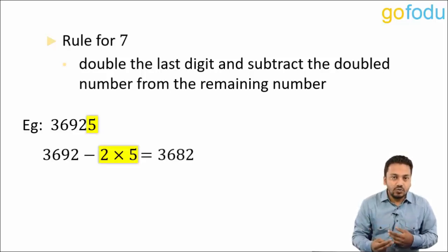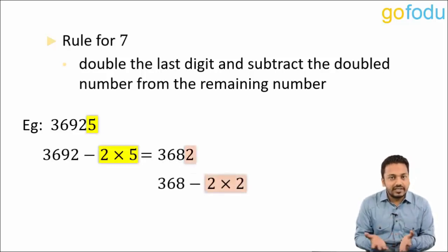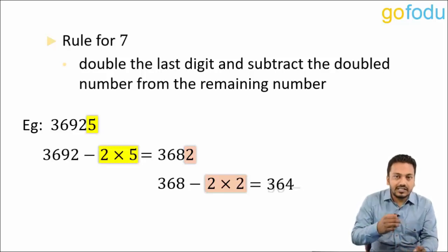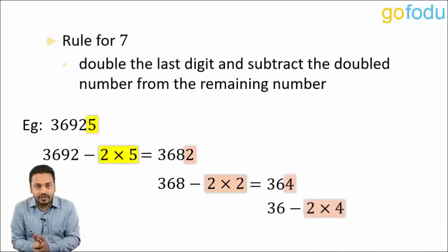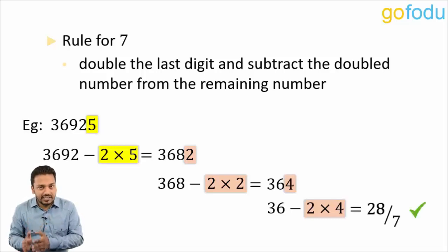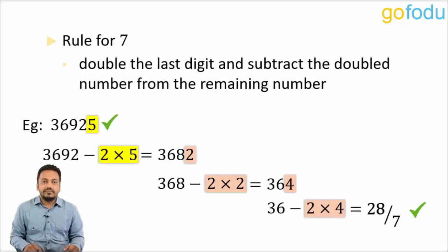Again, last digit is 2, double of that is 4. 368 minus 4 is 364. Again, we'll repeat this process. 36 minus 4 into 2, that is 36 minus 8, 28. Now as 28 is divisible by 7, 36925 is also divisible by 7.